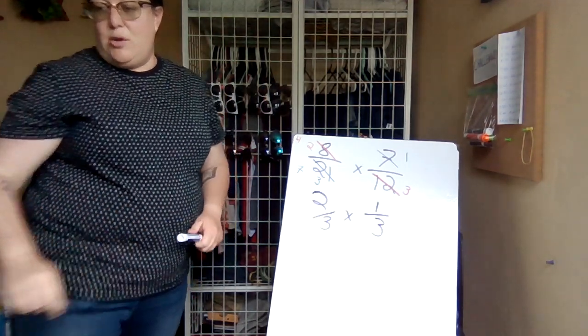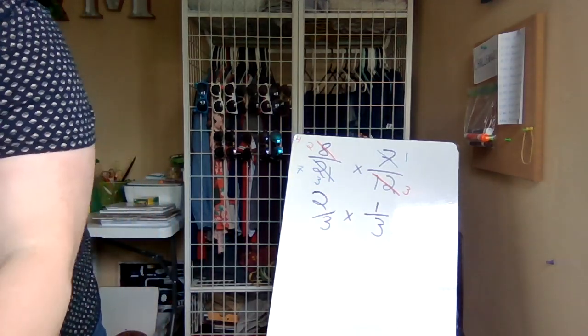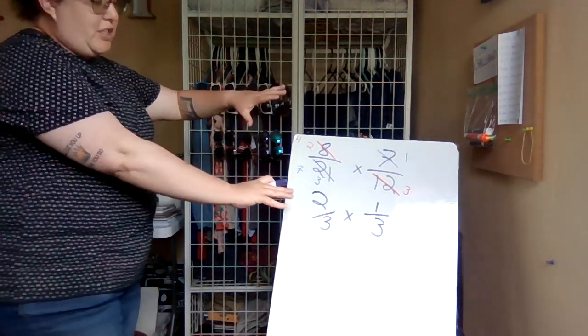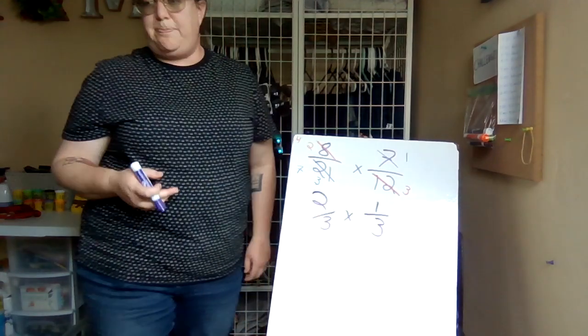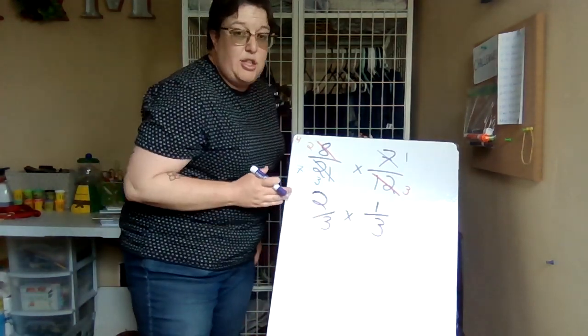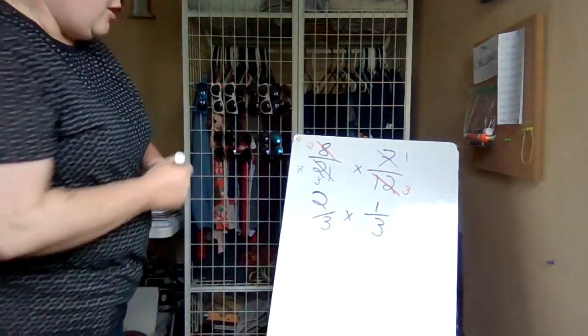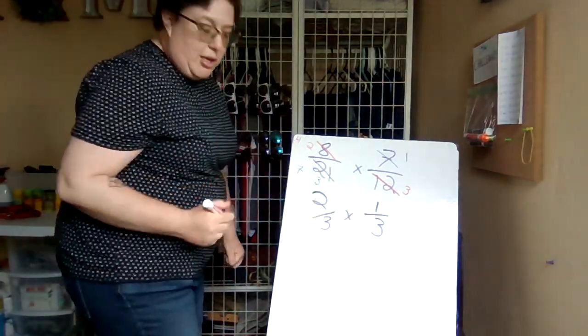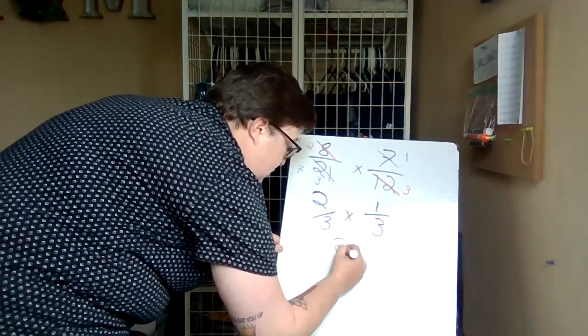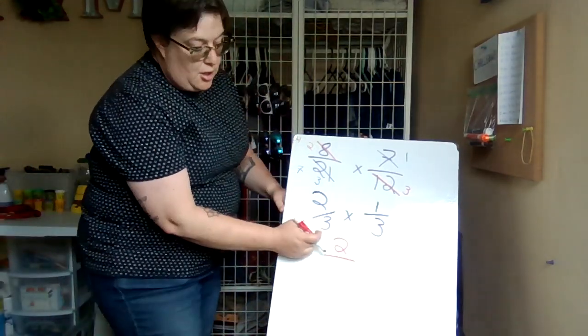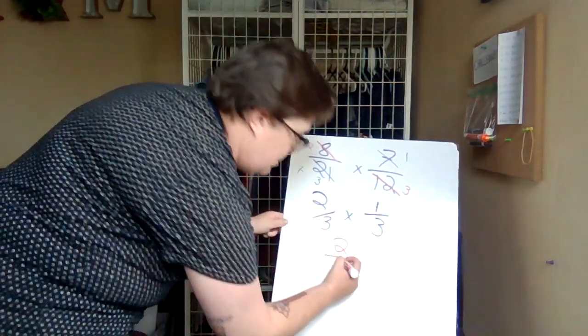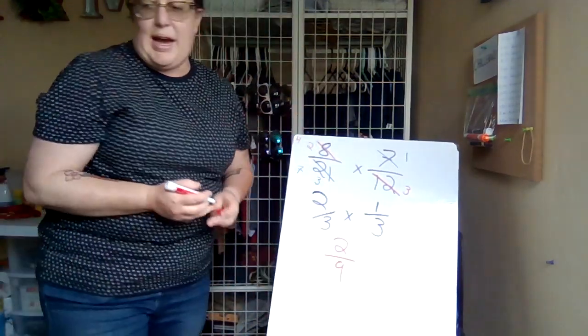So now your next step is that after you've simplified, we have 2/3 times 1/3. You're going to multiply straight across. So let's go ahead and do that underneath. 2 times 1 is 2. 3 times 3 is 9.